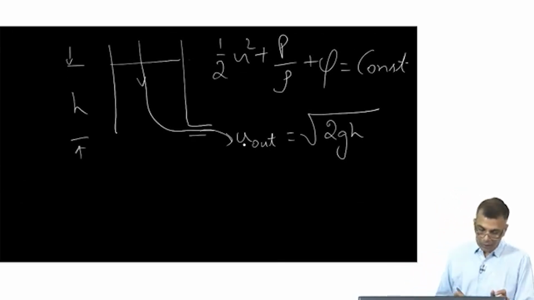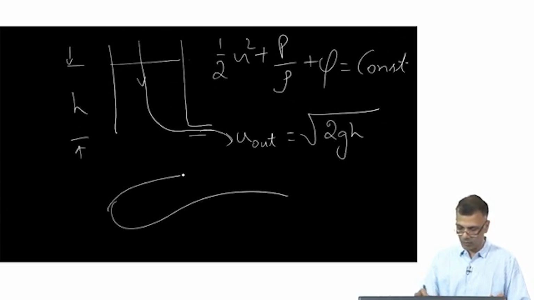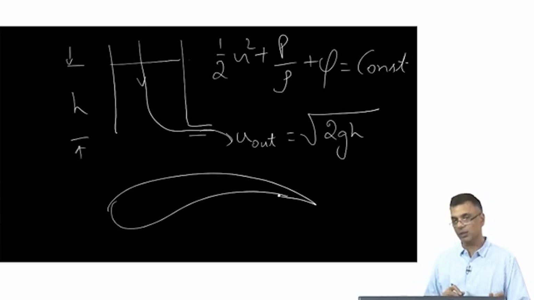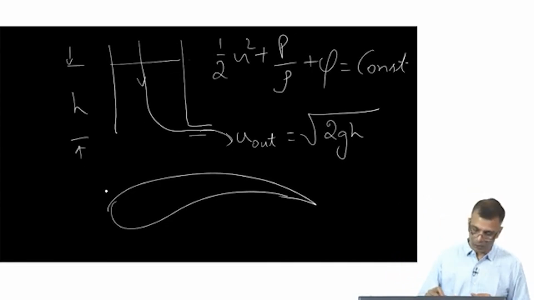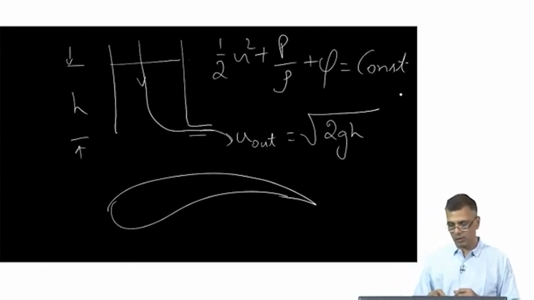This is one thing. The other thing we did, and I'll say this very briefly, was we considered an airfoil that looks somewhat like this. It's essentially a section of an airplane wing, and by considering one streamline that goes all the way across the airfoil, and knowing that the Bernoulli constant is constant all along the streamline, and since the airfoil is very, very thin, phi is pretty much the same above and below.